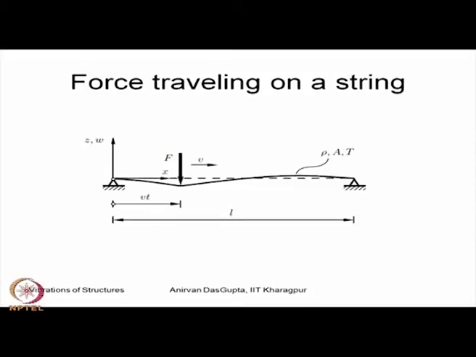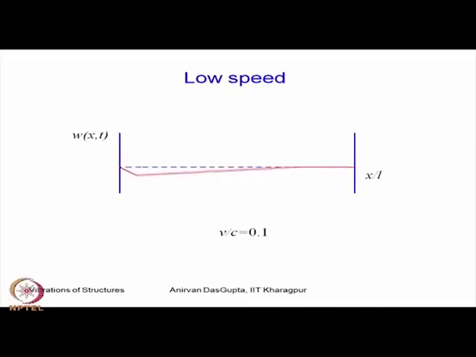This is the string on which a force is travelling at a speed v. Here I show you one of the solutions that we have discussed before, where the force is travelling at a low speed, 10% of the velocity of transverse waves in the string.